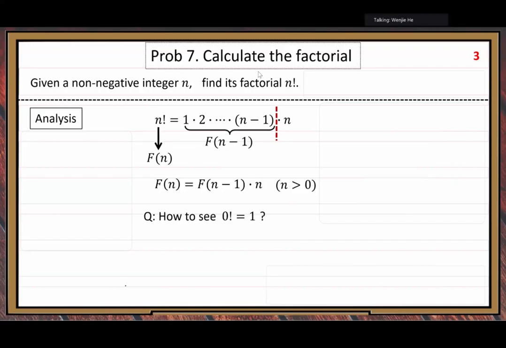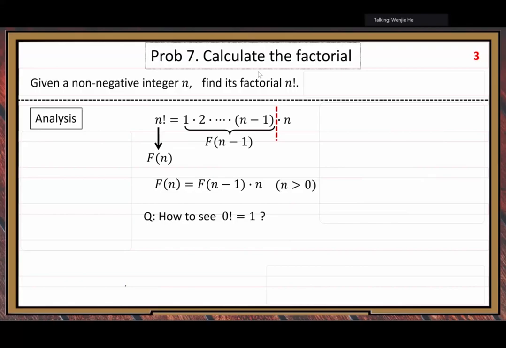Now, based on this formula, we want to understand why 0 factorial is 1. Why does it make sense? There are 2 ways of understanding, and I want to explain both. The first way is from this formula.